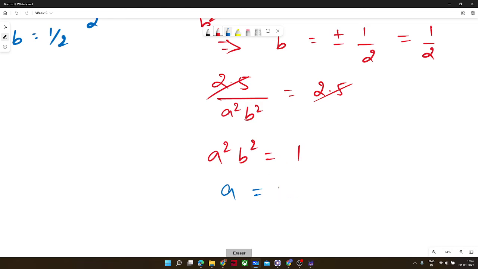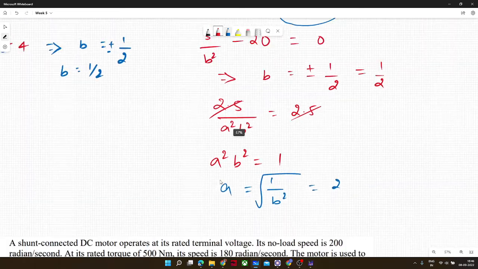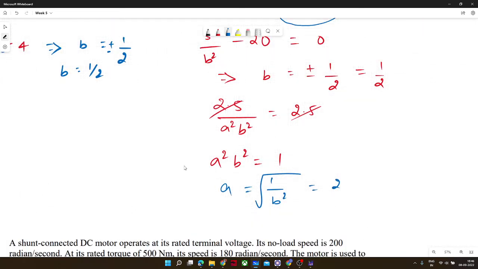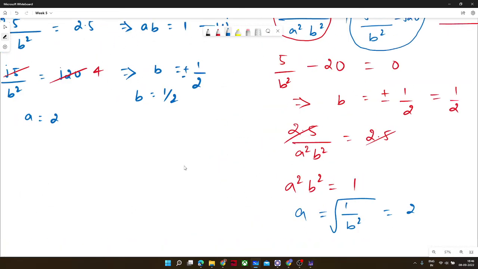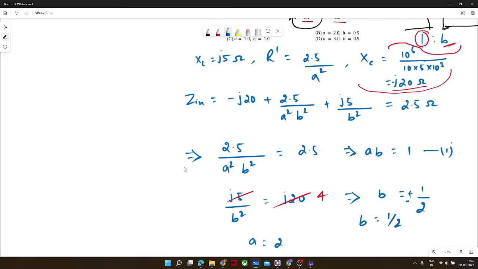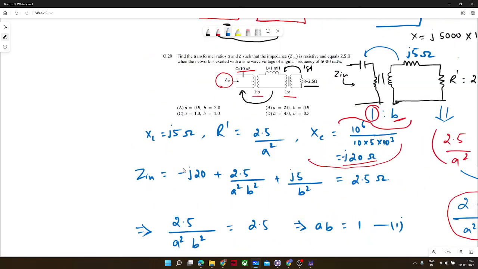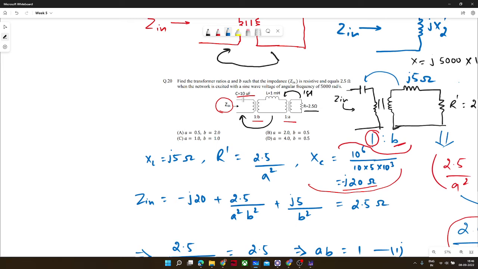Let me solve. A square is equal to 1 by b square. 2 only, yeah. So here a is equal to 2 and b was half, so it was option B. So we can choose option B.